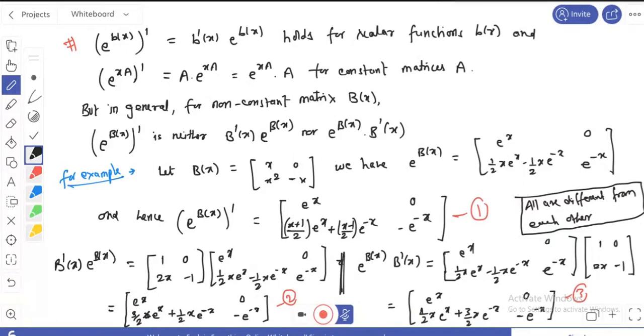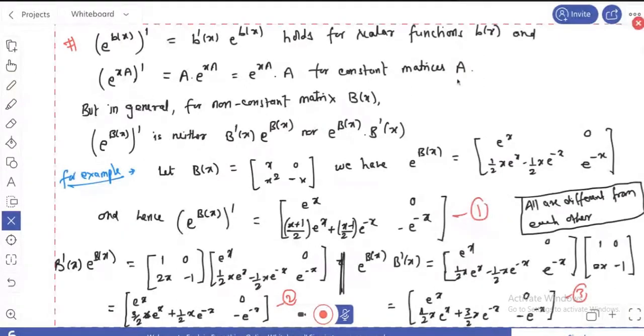Okay, so now there are some theorems which are based on the fundamental matrix. First of all we define what is the solution matrix, and that solution matrix satisfies your matrix differential equation.